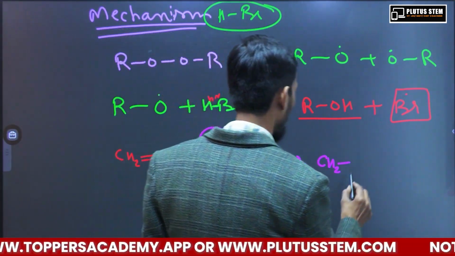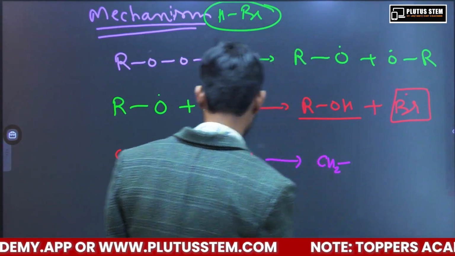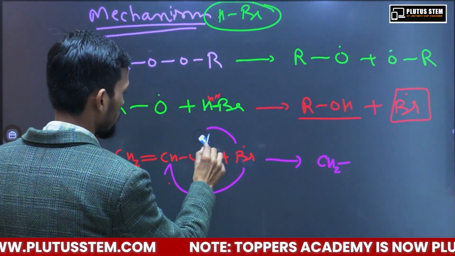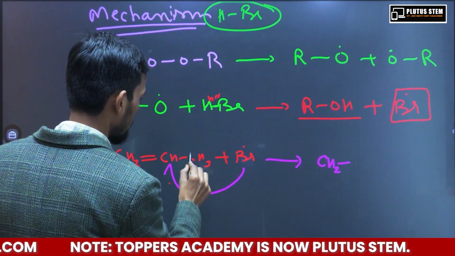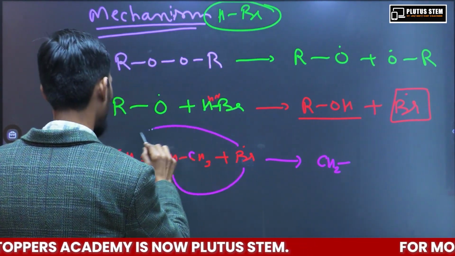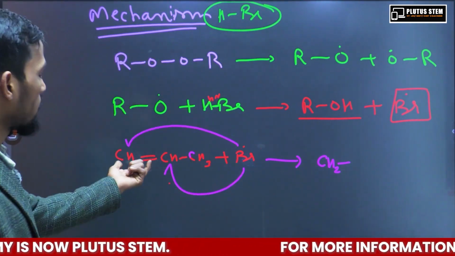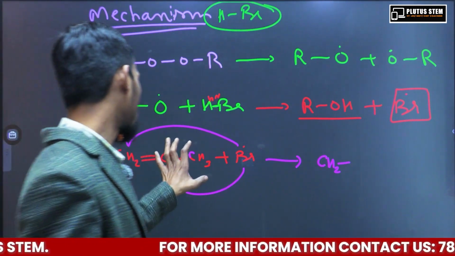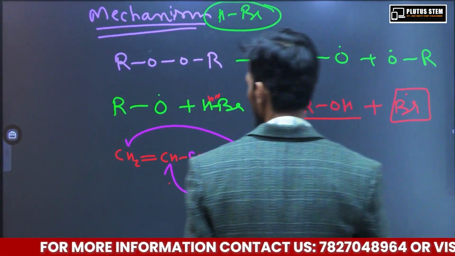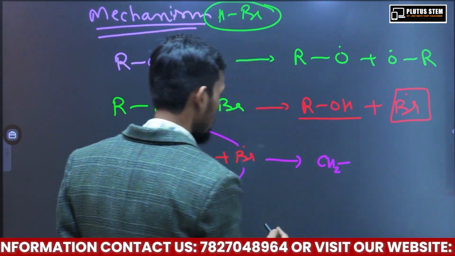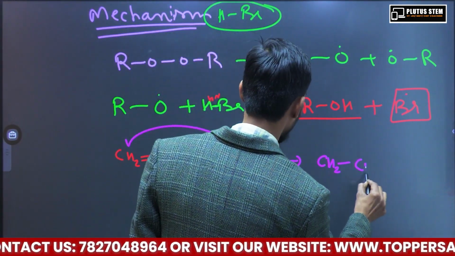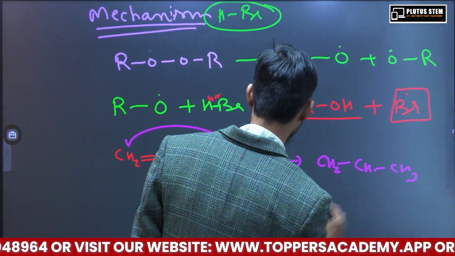So we will observe this CH2 single bond. Sorry, I made a mistake. It will attack at the double bond because it is quite reactive. Just by mistake I drew this. So it will be like CH2 single bond CH single bond CH3.